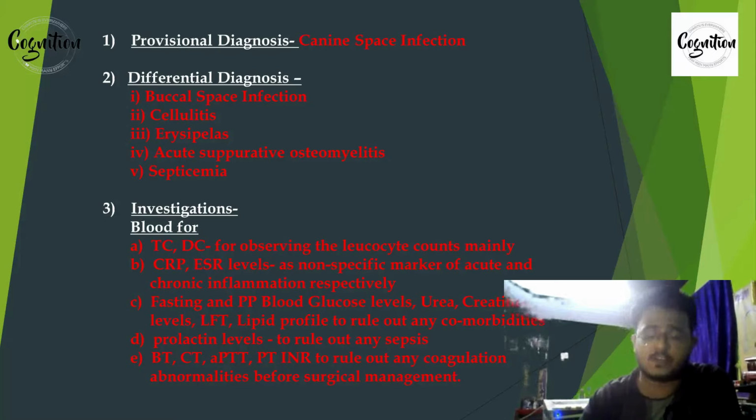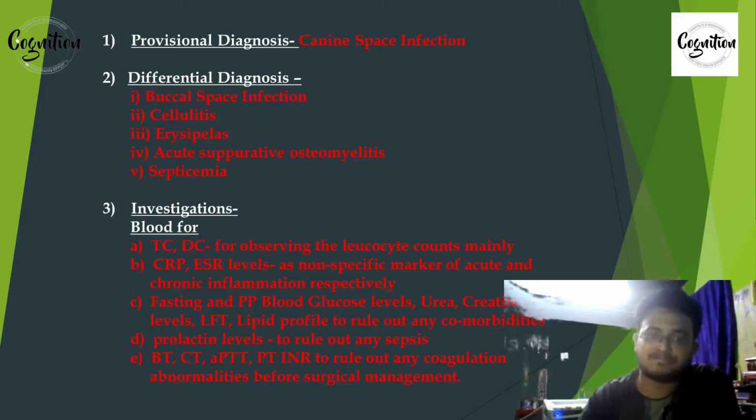The investigations: what probable investigations can you do as a clinician to reach a conclusion? You can take certain routine blood examinations, for which we can have TLC and DLC, that is the total count and the differential count, for observing mainly the leukocyte counts. Then we have the CRP and ESR levels, the basic non-specific markers of acute and chronic inflammation.